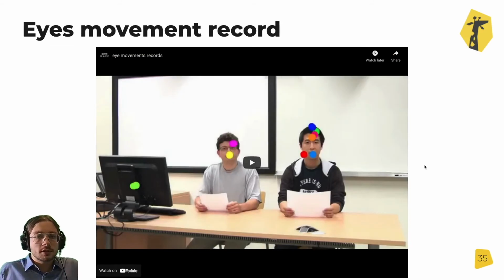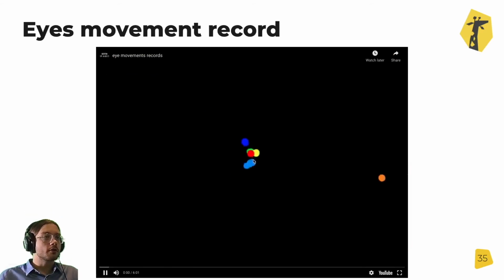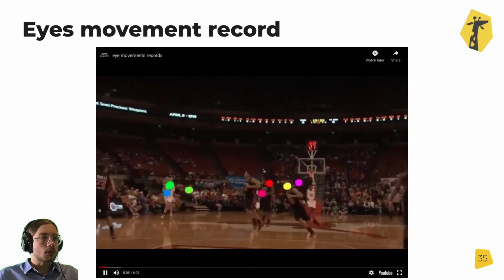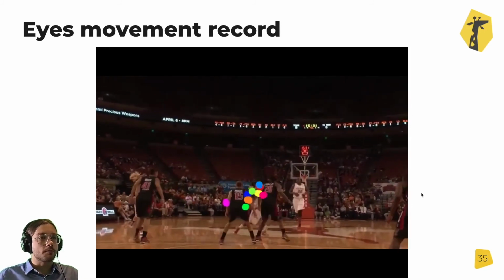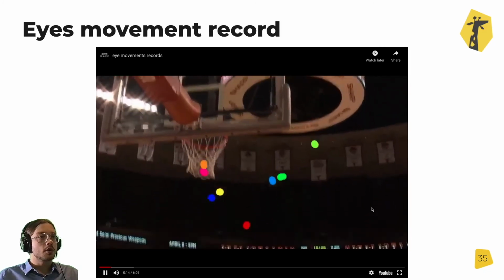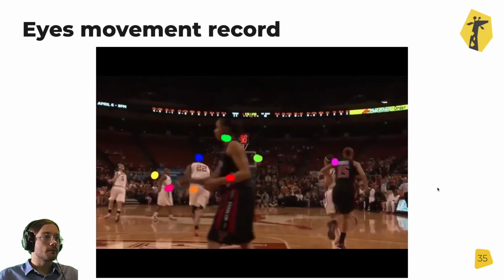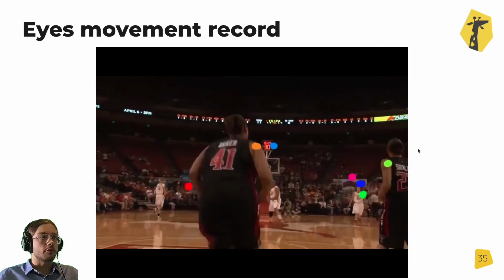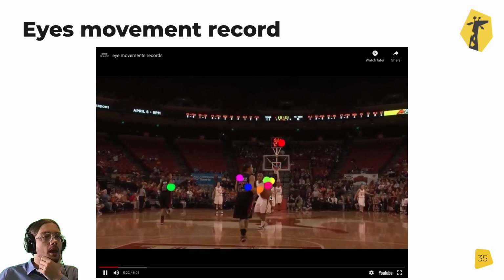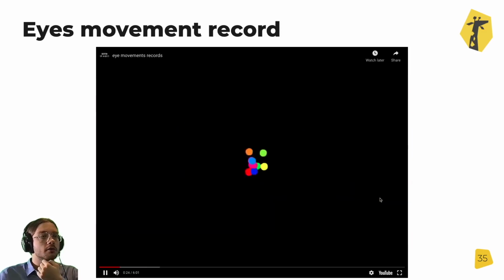And here is an example of an eye movement record. Here you see how gaze directions change for different people. These are points where different people look, for example, for basketball, and a bit later.